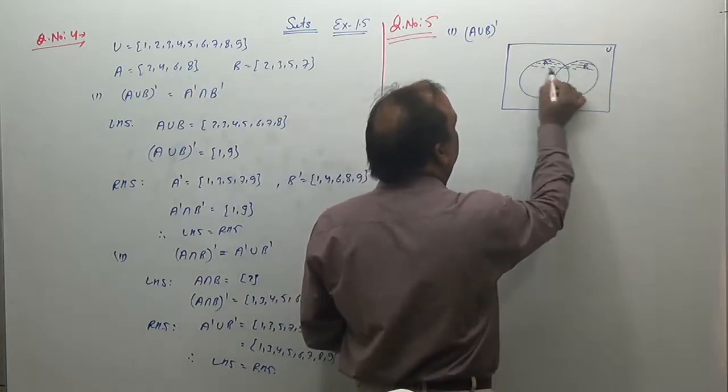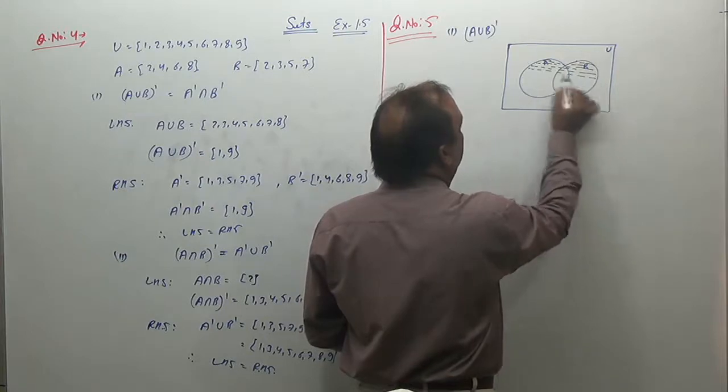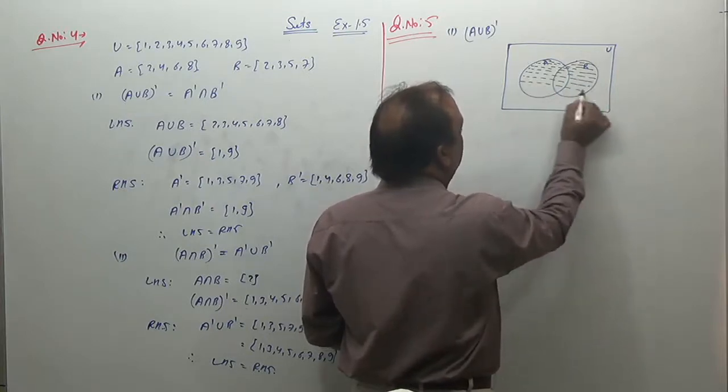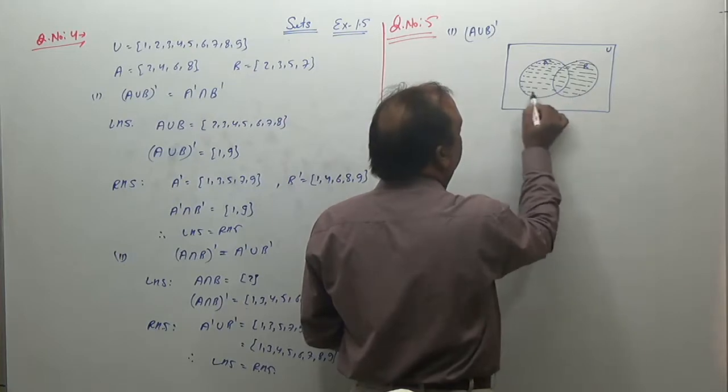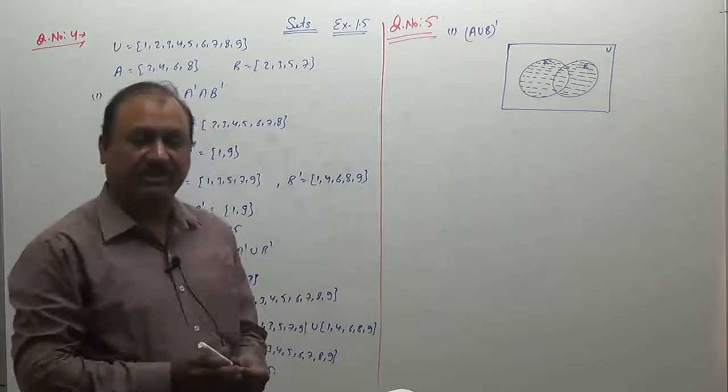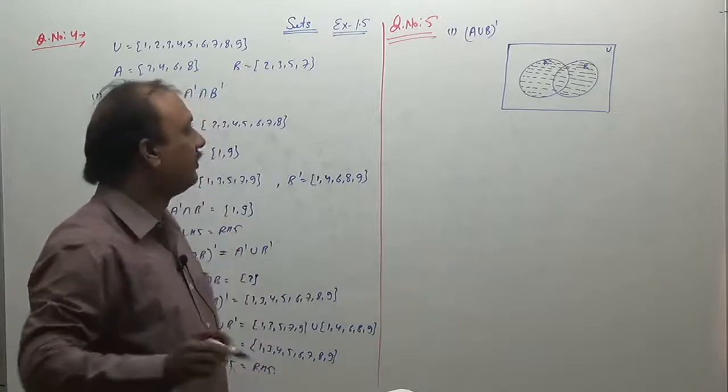So, in union, combining both sets A and B. ये दोनों सेट कंबाइन हो जाएंगे A union B में. So, when we take the A union B, this black shaded portion represents the A union B.